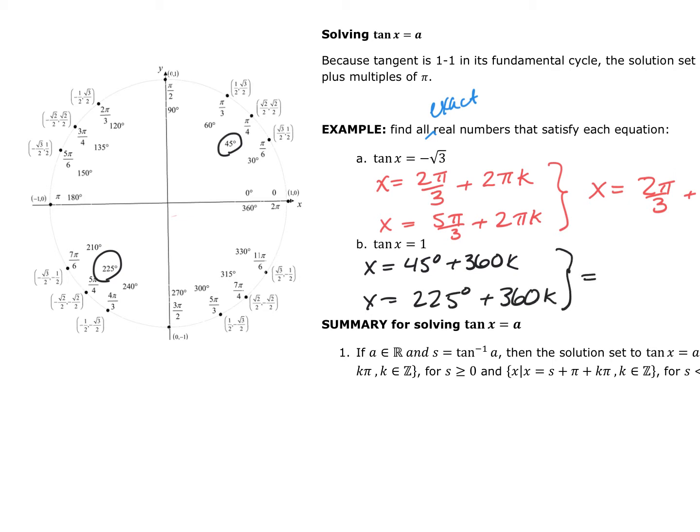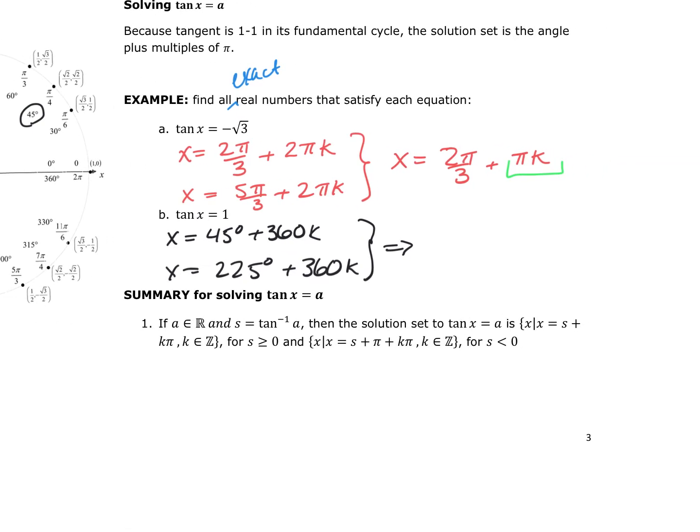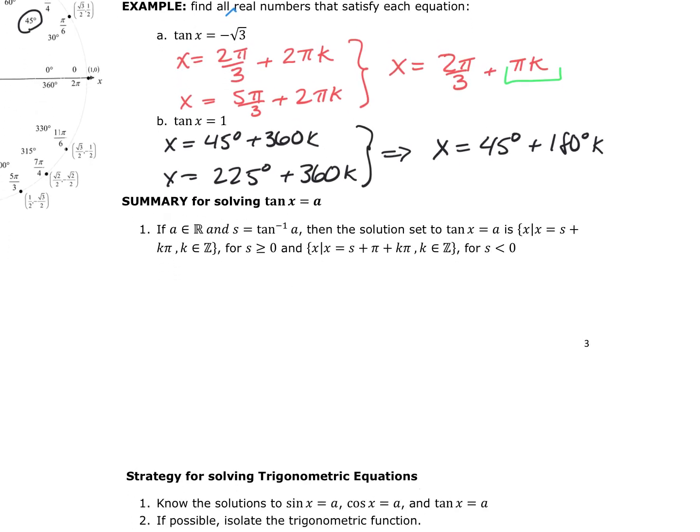Now I can also combine these, and I can just say when x is equal to 45 degrees plus 180 degrees k, and that would work as well. It's okay to write them separately. It's not wrong. It's just nice if we can combine it into a single solution like that.